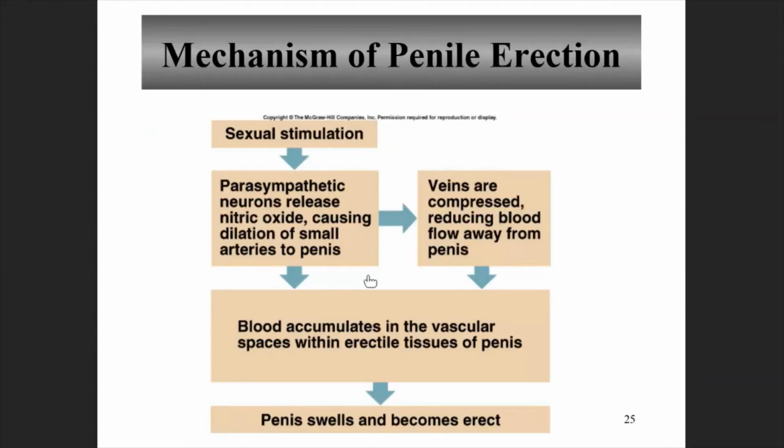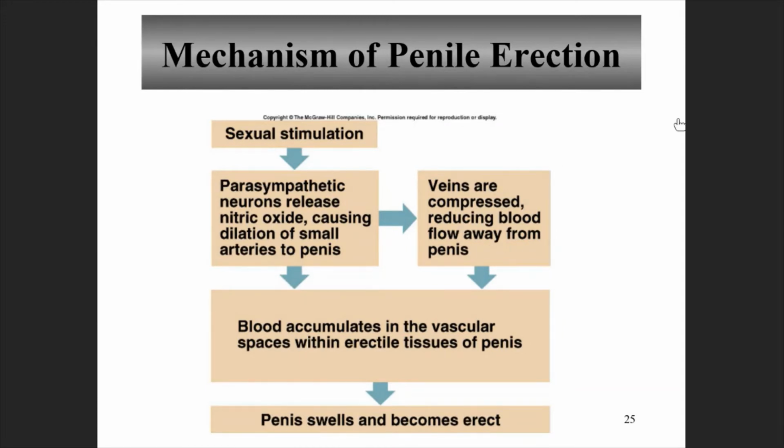Right. So you can say here that sexual stimulation will lead to the parasympathetic nervous system releasing nitric oxide, causing dilation of the small blood vessels, blood accumulation, and the penis swells and becomes erect. Continuous stimulation, okay, will lead to ejaculation. But the other thing is that once the blood is flowing to the penis, it compresses the vein, particularly the dorsal vein, preventing the blood from leaving.